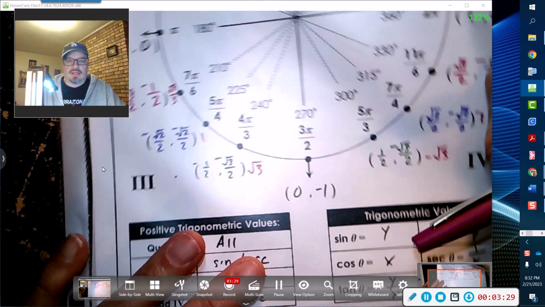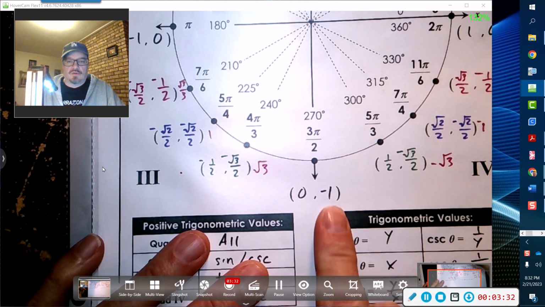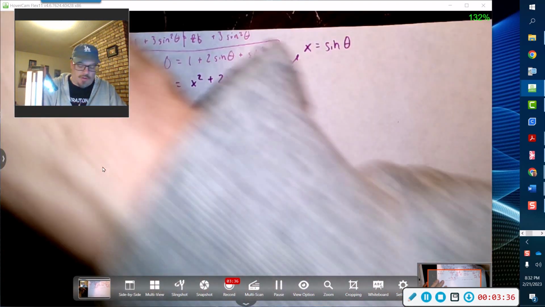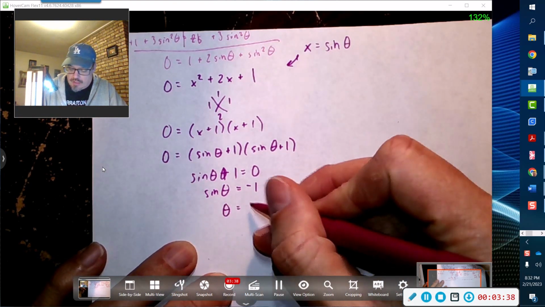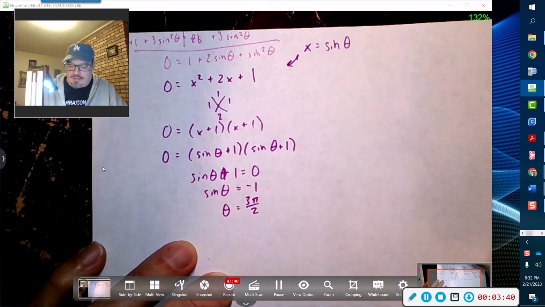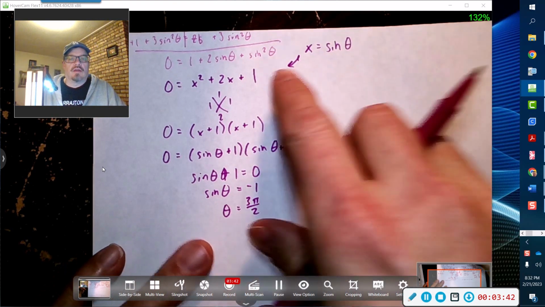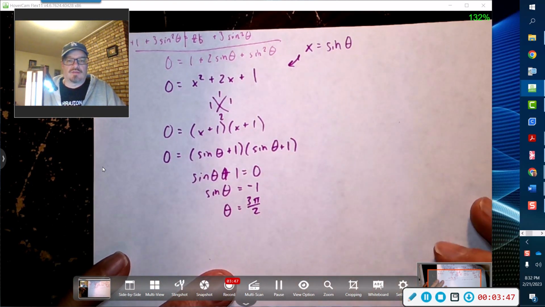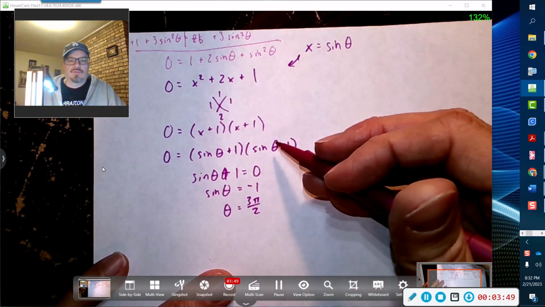And it looks like this is where sine right here is -1. And so that would be 3 pi over 2. Okay, so 3 pi over 2. So here, just using the quadratic form to solve a trigonometric situation. And so this guy would just produce 3 pi over 2 as well.